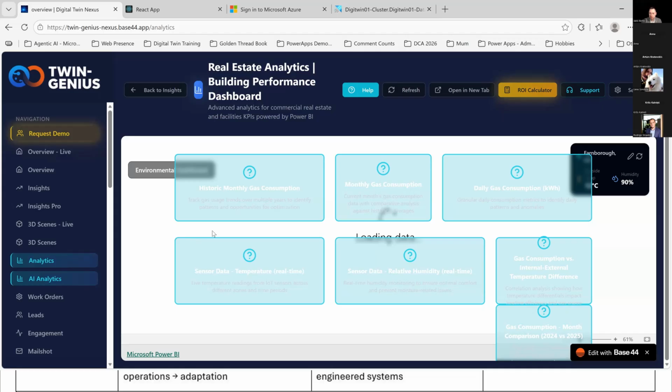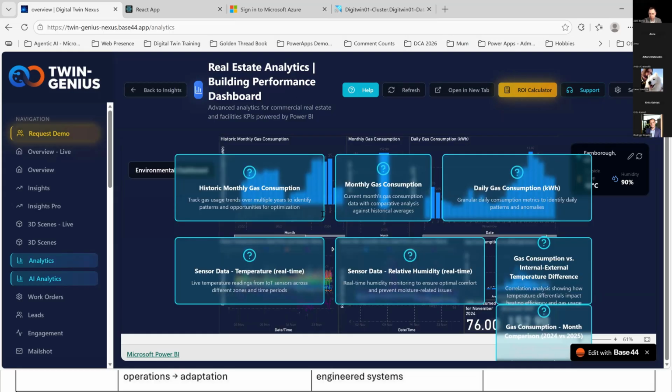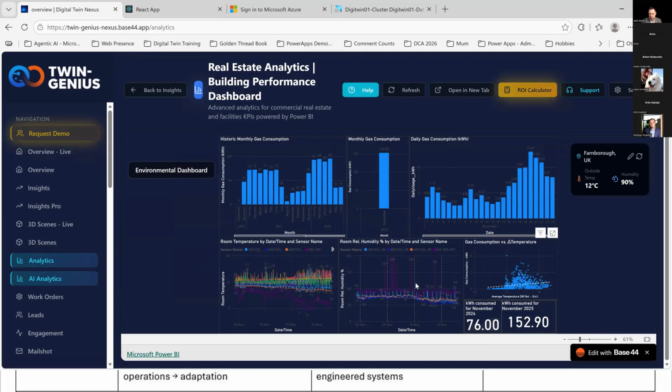It's fairly easy for people to work out what things are. It has this help screen just to tell you what's on different things. So it's measuring your historic gas consumption, your monthly gas consumption, daily gas consumption, relative humidity, and others. So I'll just turn that off very quickly. But you can see there the different types of data that it's able to produce.